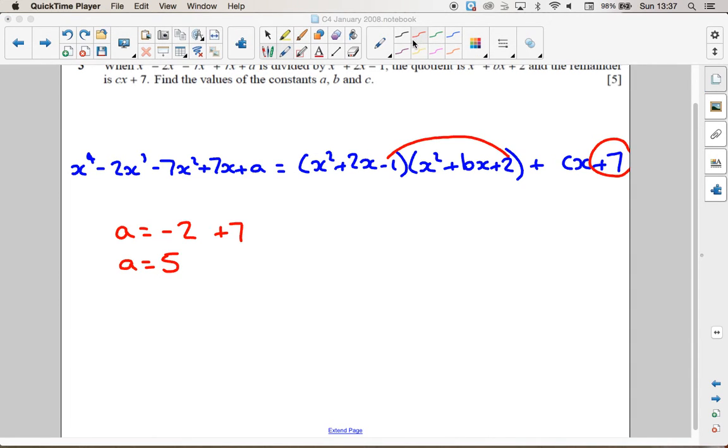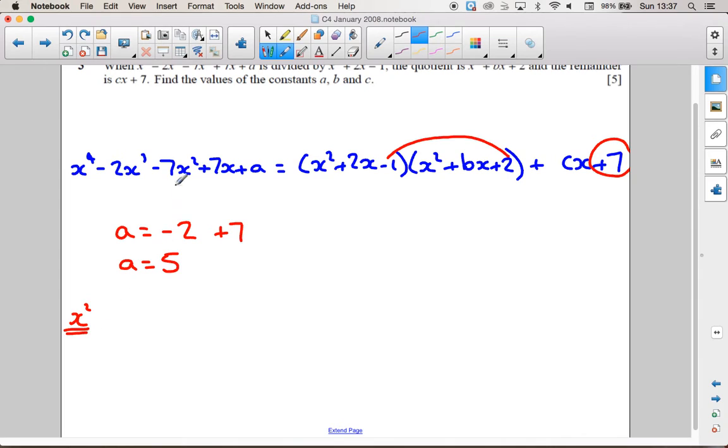So the next coefficient I'm going to compare is x squared. The reason I'm going for x squared rather than x is because if I went for x, I'd have a simultaneous equation. I'd have something with b and I'd have something with c. Whereas if I go for x squared, I can just work out what b is. So my x squared coefficient is minus 7 on the left, and on the right I can get an x squared from here, so 2.